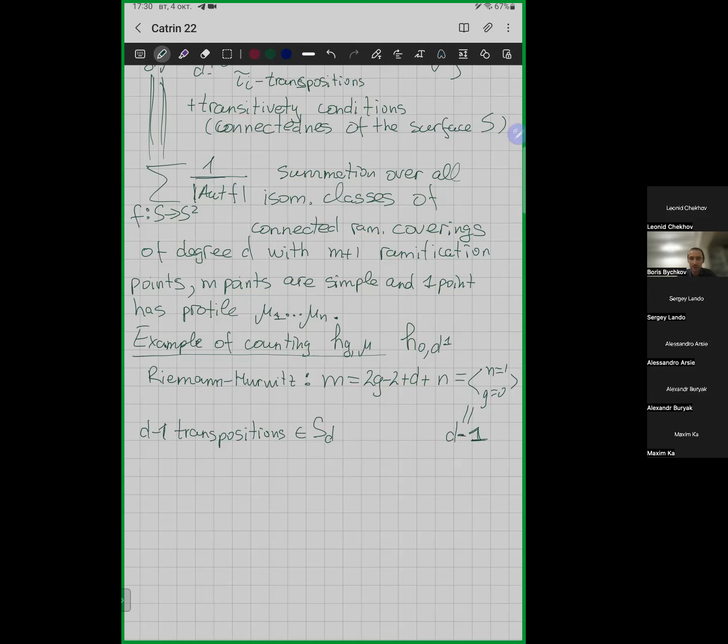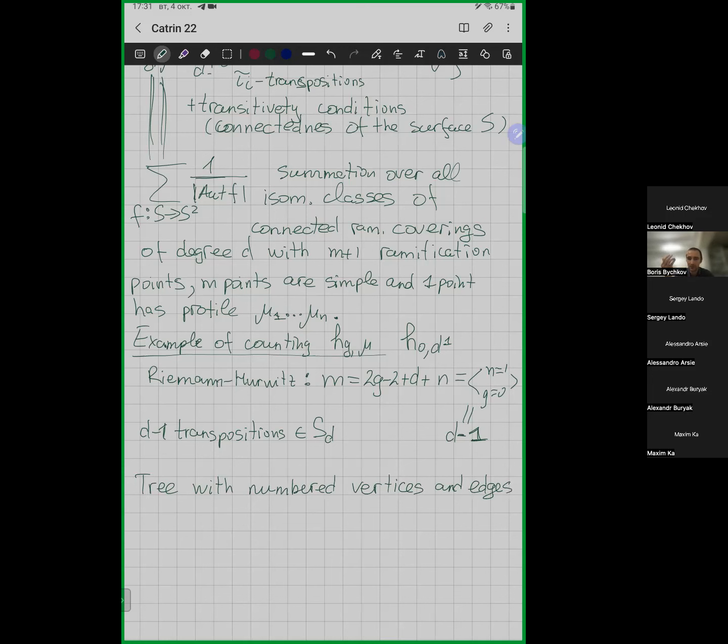So let's take a tree with numbered vertices and edges. Each transposition permutes the numbers in adjacent vertices.